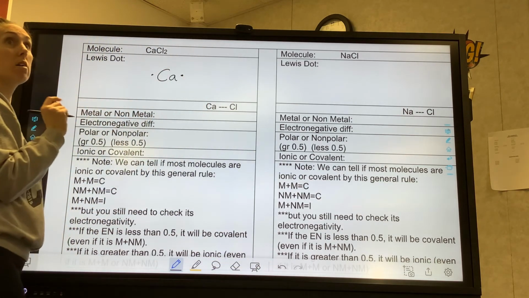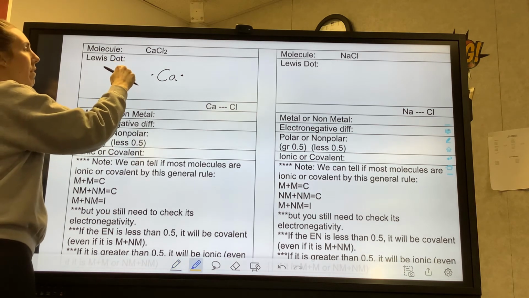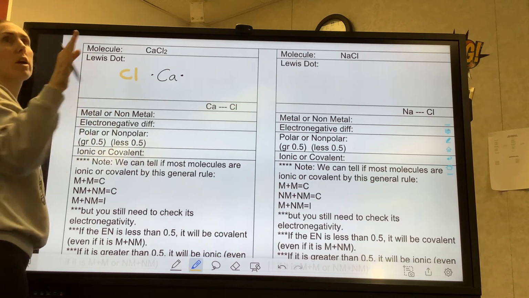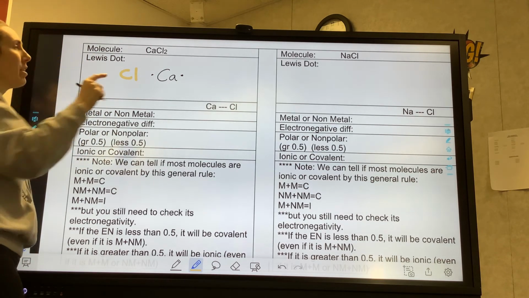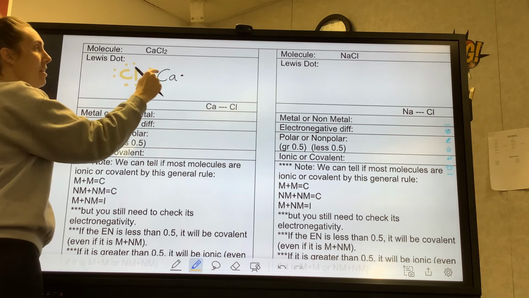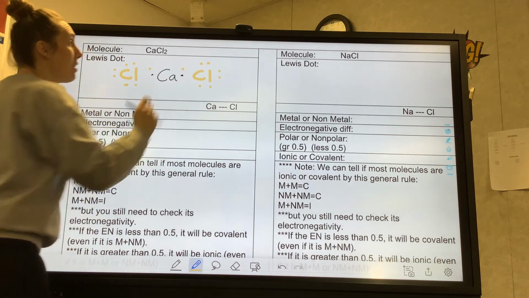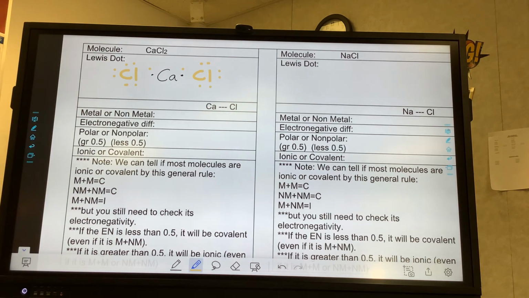Cl's have 7, so 1 opening. If I do a Cl on this side, 1, 2, 3, 4, 5, 6, 7, and another Cl, 1, 2, 3, 4, 5, 6, 7. You see how the Cl's fit perfectly with the calcium?